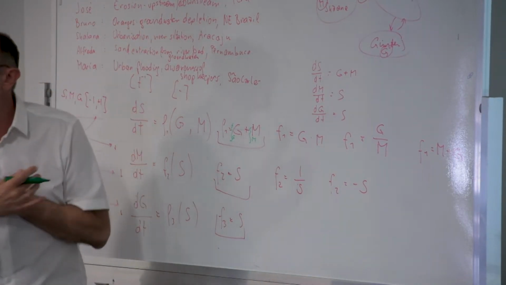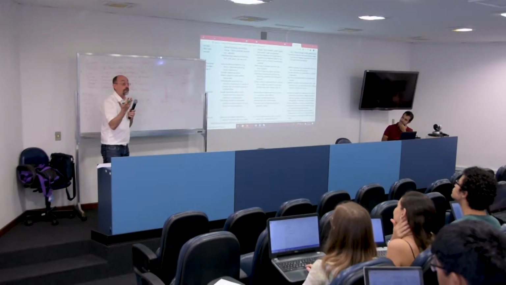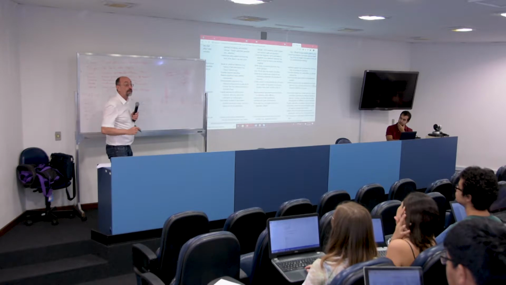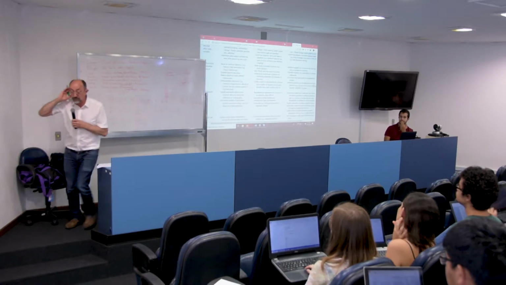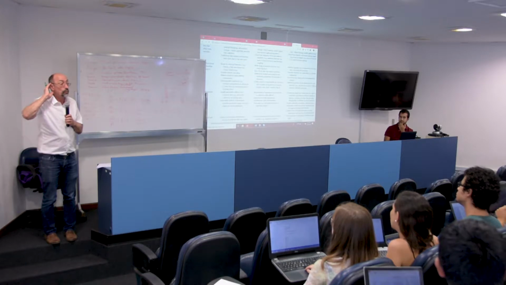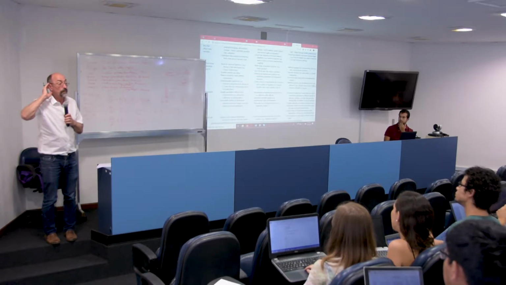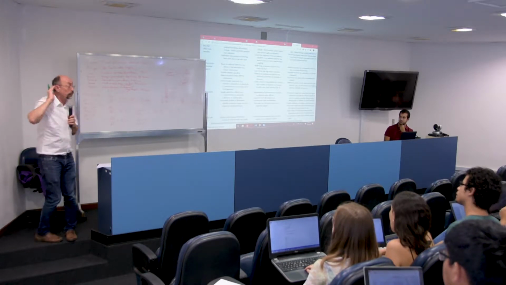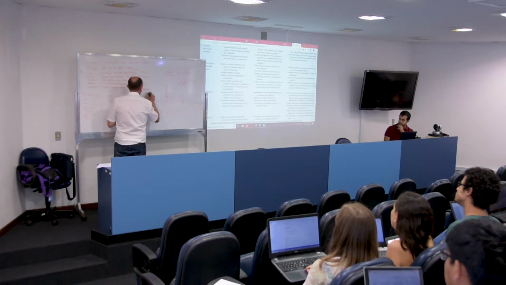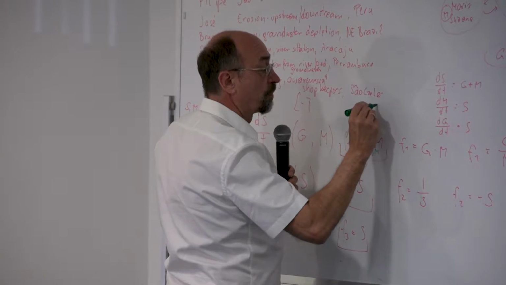This is a Greek letter, a constant. What's the unit of this constant? What's the units of this constant? No, not time. Per time. The unit of that is per time, time to the minus 1.